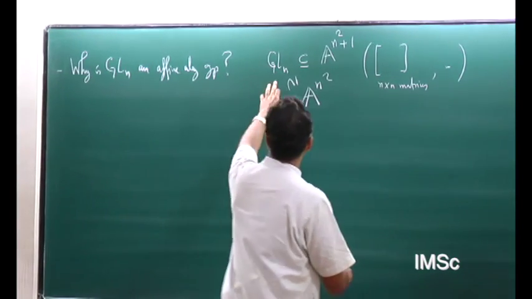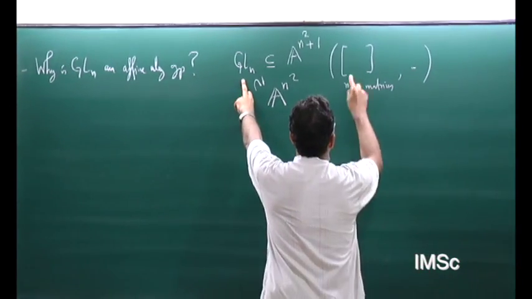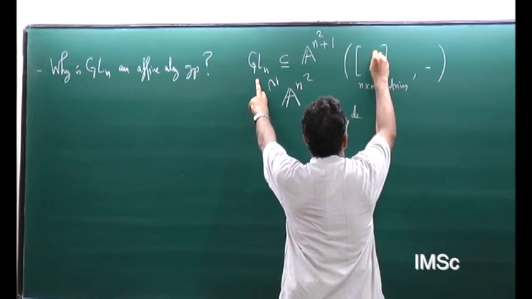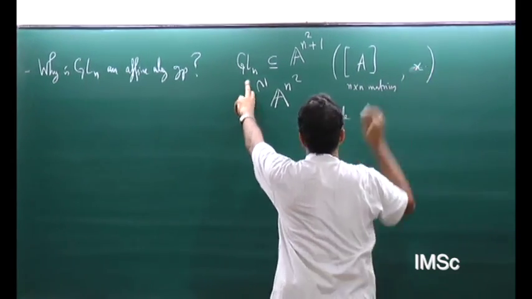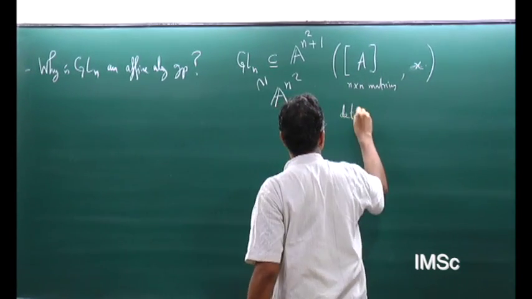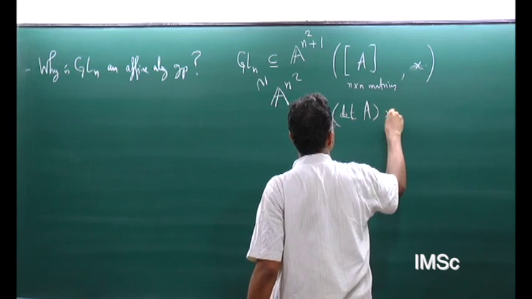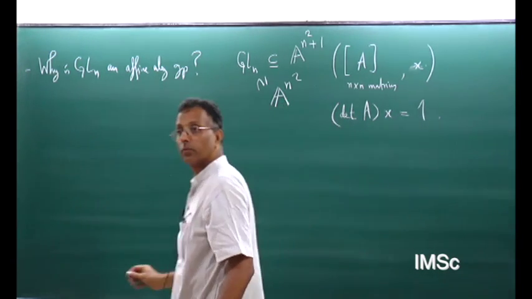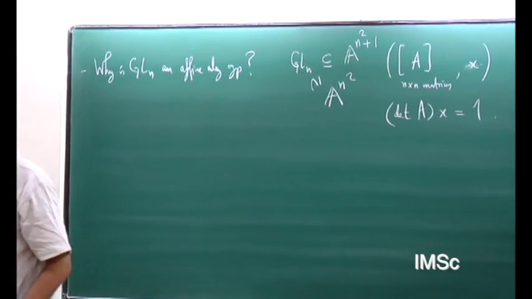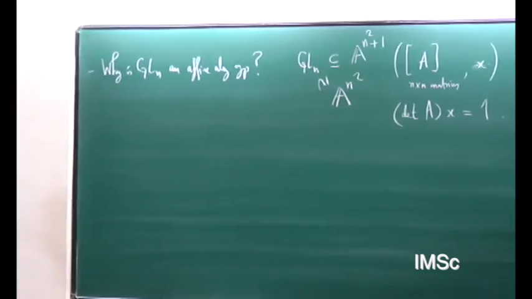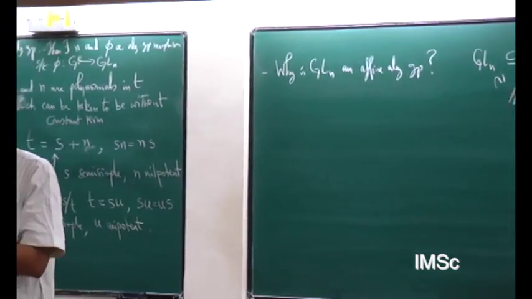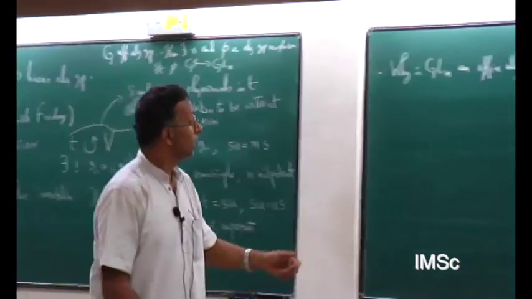And how do I define GLN? Let's call this A and let's call this X. If I take det A times X equals 1, look at the locus of solutions of this equation.